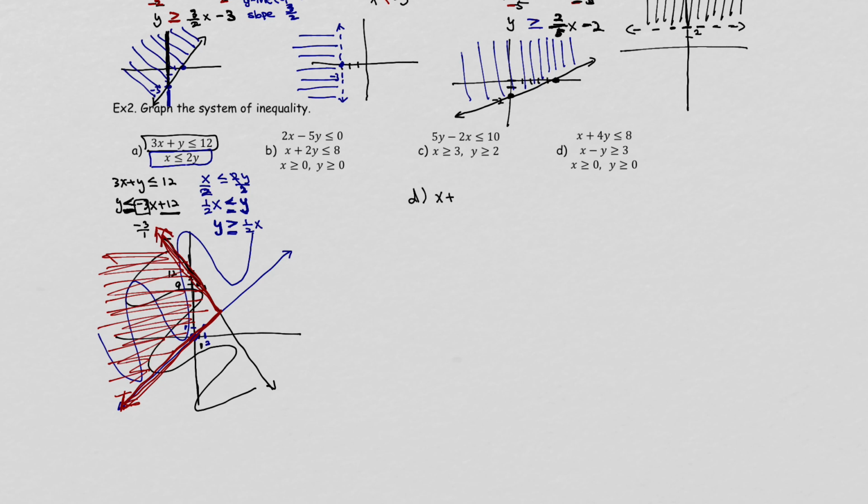The first one, you have x and y all together. So solve for y. You get 4y is less than or equal to negative x plus 8. When you divide both sides by 4, you get y is less than or equal to negative 1/4 x plus 2. So let me draw that here.